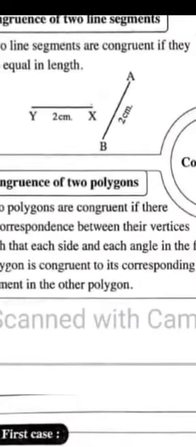It means the two polygons are congruent if all angles in the first are equal in measure with all angles in the second, and all sides in the first polygon are equal in length to all sides in the second polygon.